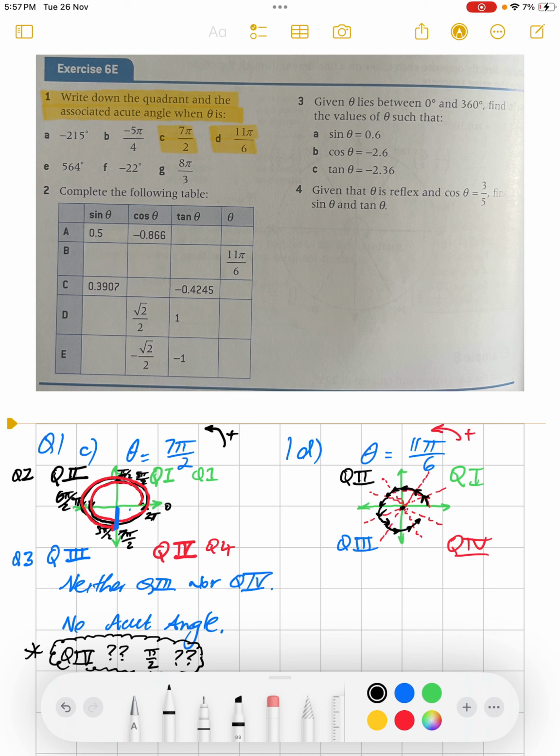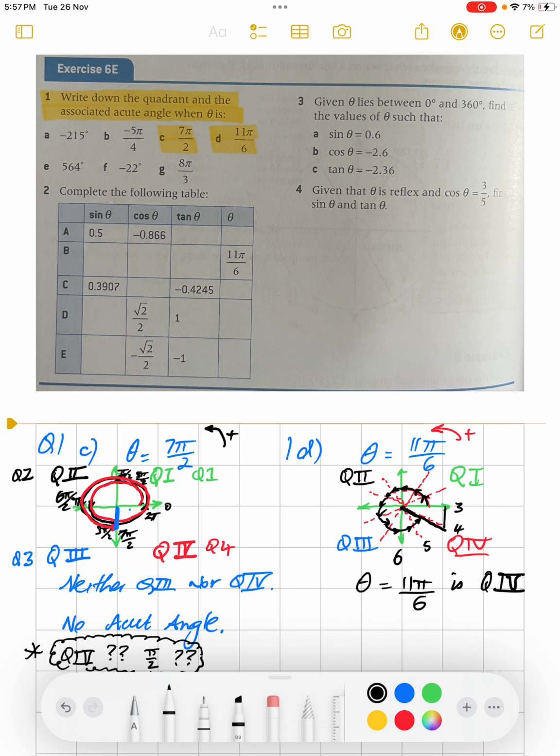Here we are. If it was a clock, it would be like the 4 o'clock position. So theta is 11 pi over 6, which is actually in quadrant 4. And what is the acute angle?